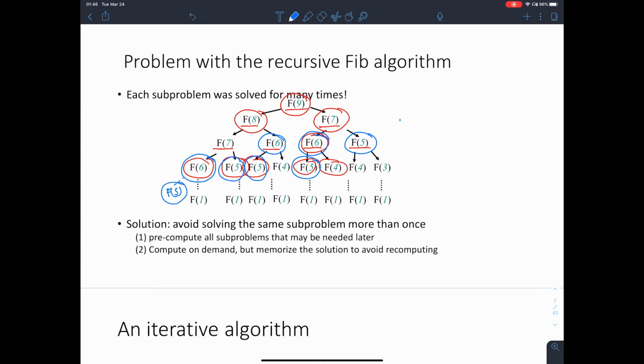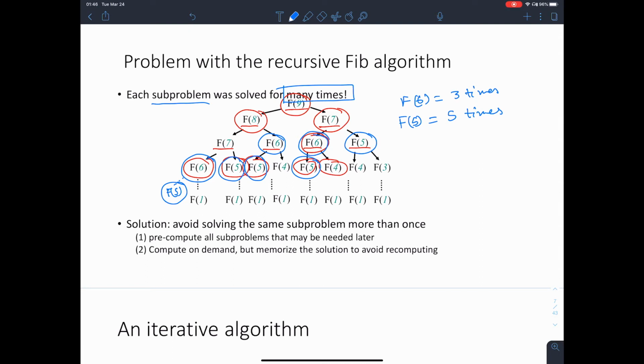So F5 is actually calculated 5 times. Previously, F6 was calculated 3 times. So as you can see, we solved the same subproblems multiple times. And this is why the runtime of this recursive algorithm is very bad.